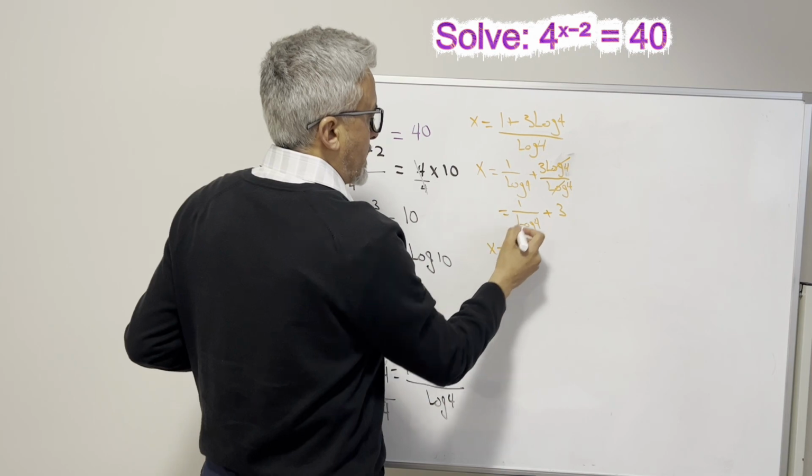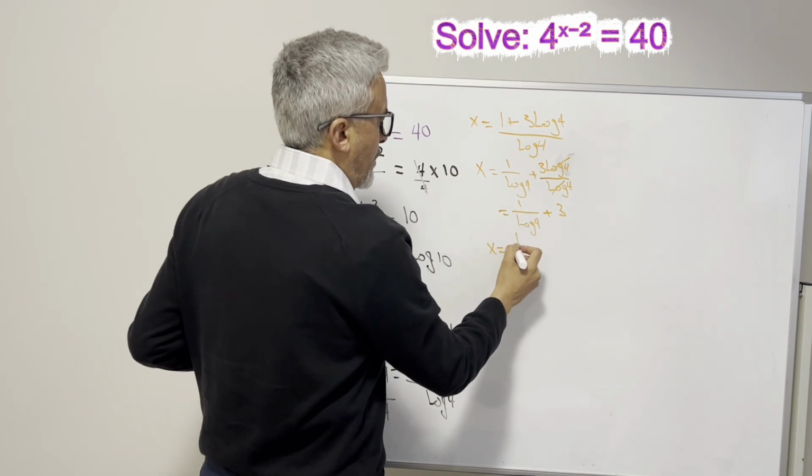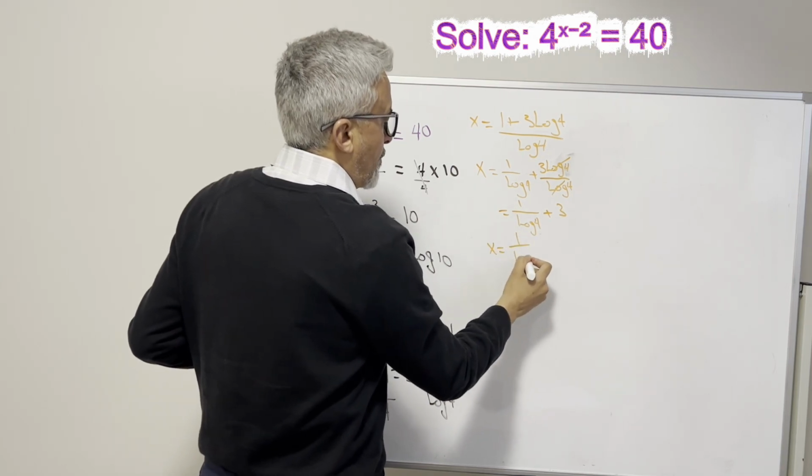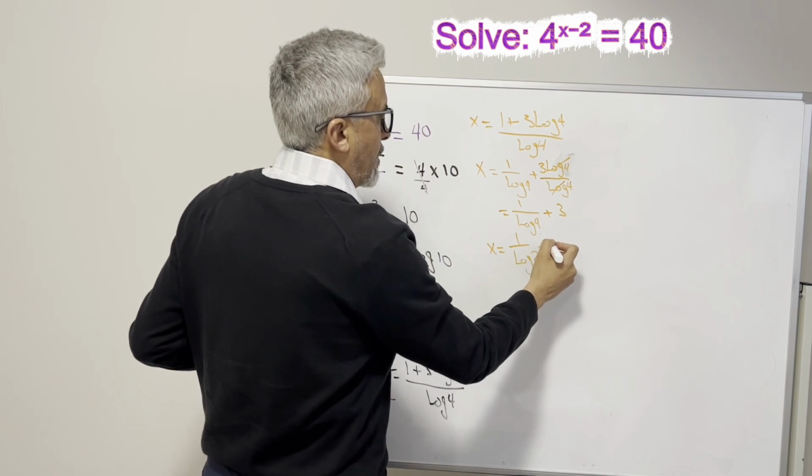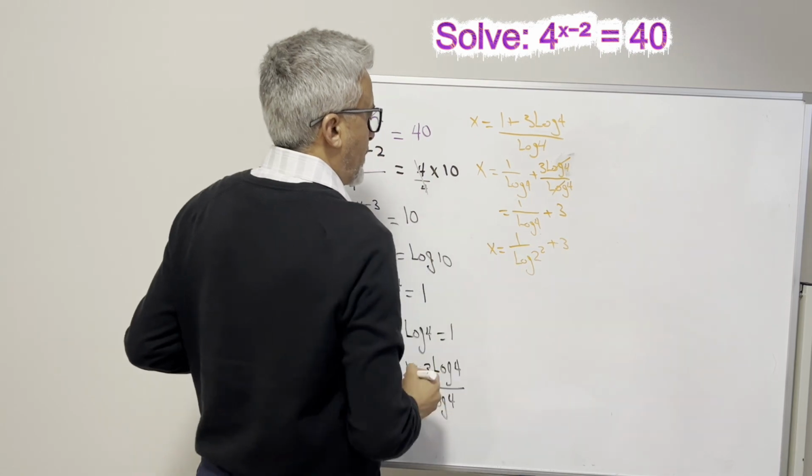And I'm going to change the 4 to 2 squared in this 1 over log 4, plus 3.